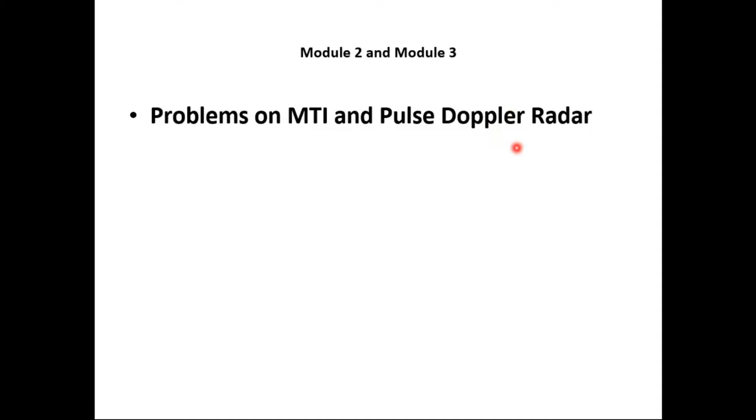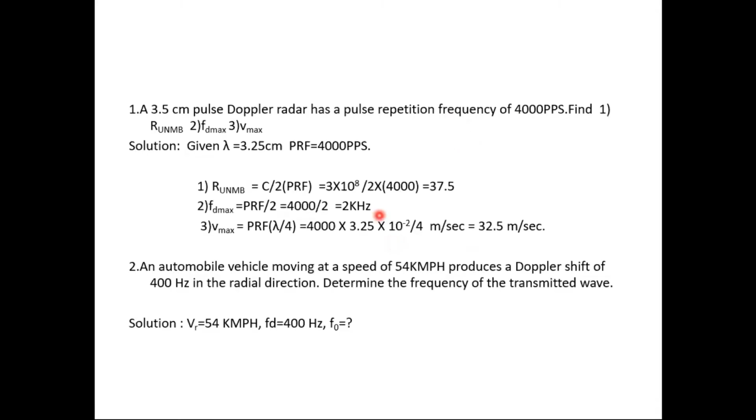By using this, we are going to solve some problems related to the pulse Doppler radar. First problem: a 3.5 centimeter pulse Doppler radar has a pulse repetition frequency of 4000 pps.